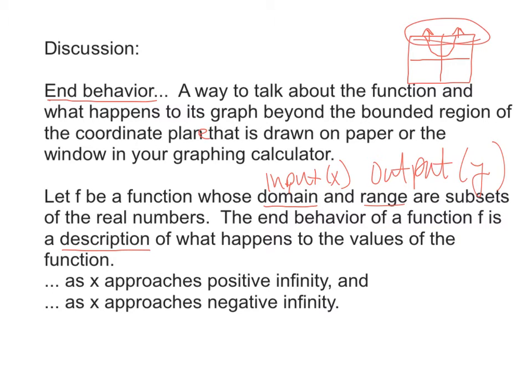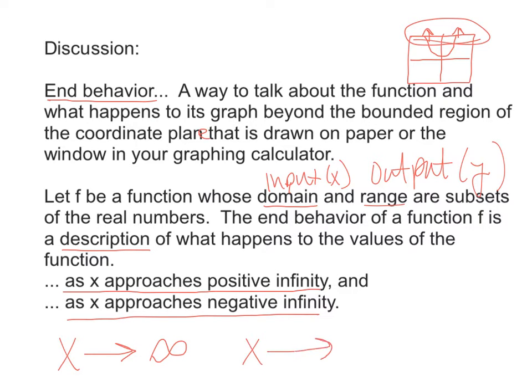So we say as x approaches positive infinity and as x approaches negative infinity. And how we would write that is as x approaches infinity, which would be positive infinity, and x approaches negative infinity. We can put a positive here, but just leaving the negative off makes total sense.